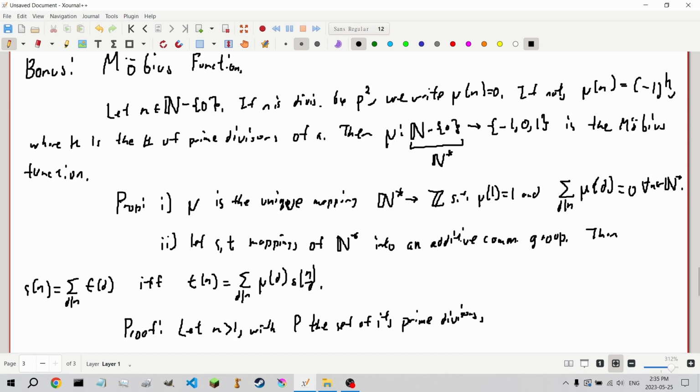We can write n as the product for p in P of p to the v_p of n. That'd be the prime decomposition.